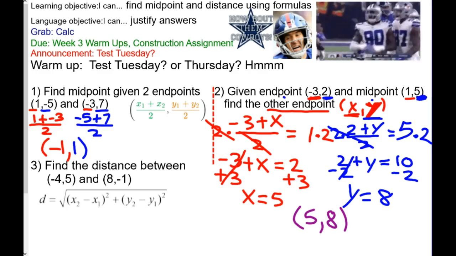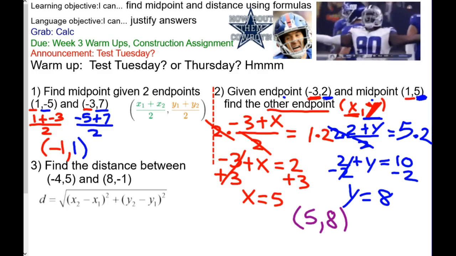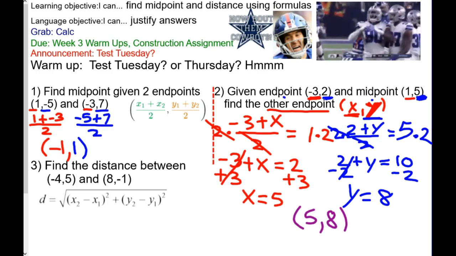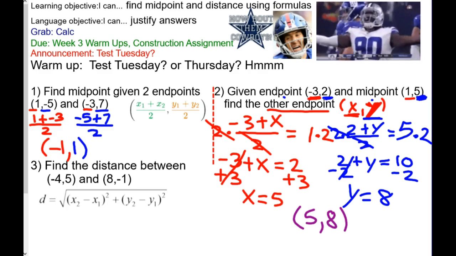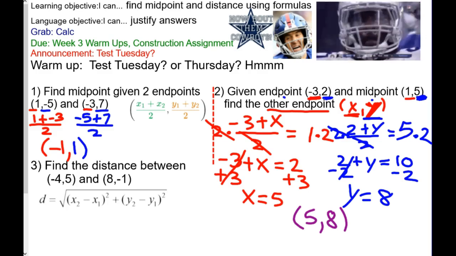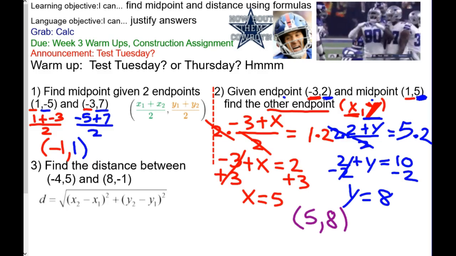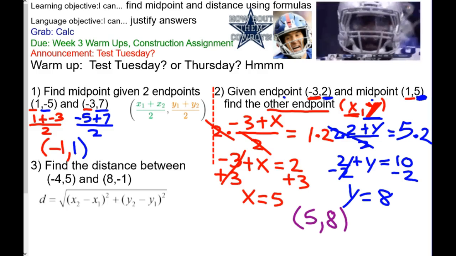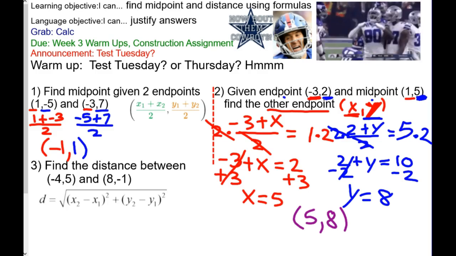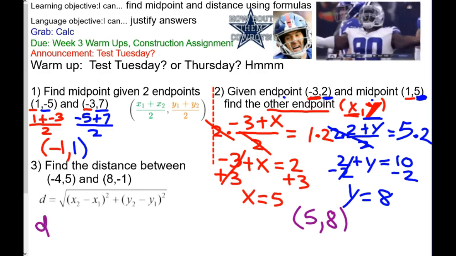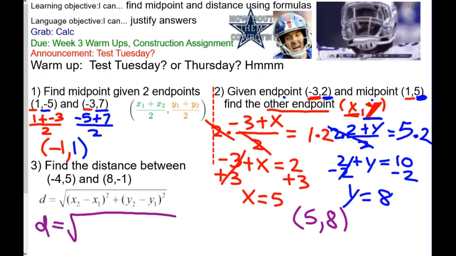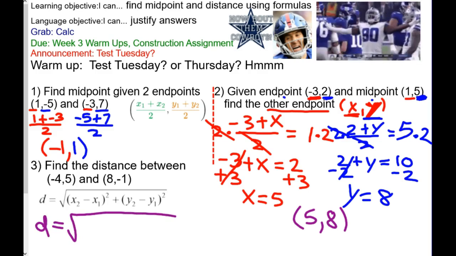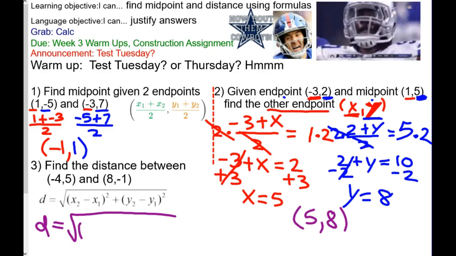So you should be able to find a midpoint. We're not done yet. You should be able to find an endpoint and find distance, right? You got it? So for distance, number 3, all you got to do is replace numbers, and then you may type it in, okay, to get the answer. So when we rewrite this, distance equals long square root sign, and I do want you to write what you're typing in, okay? Which one of these numbers is x2?